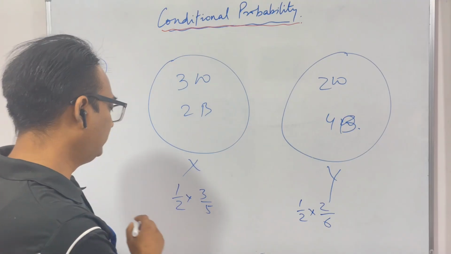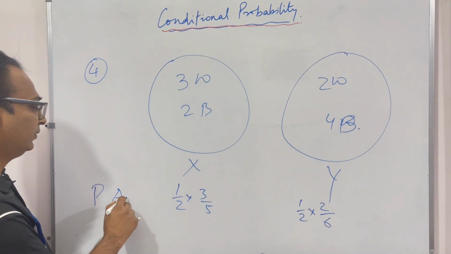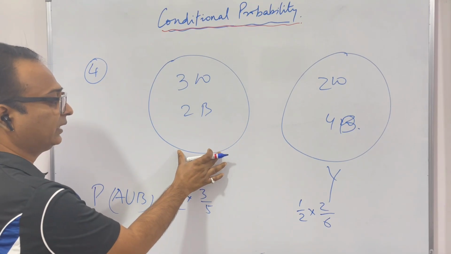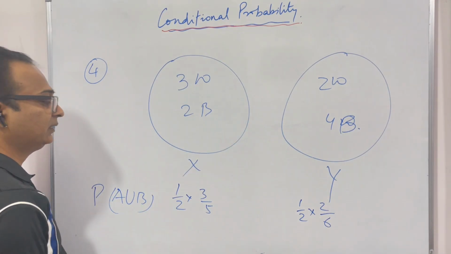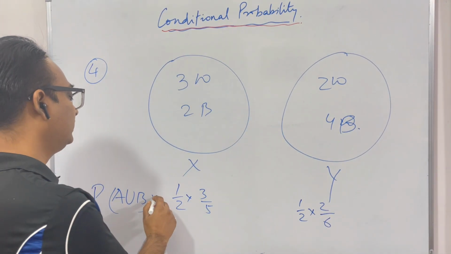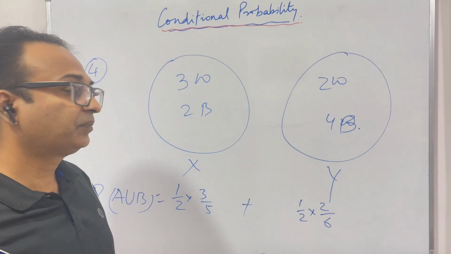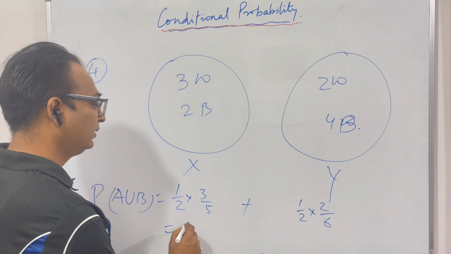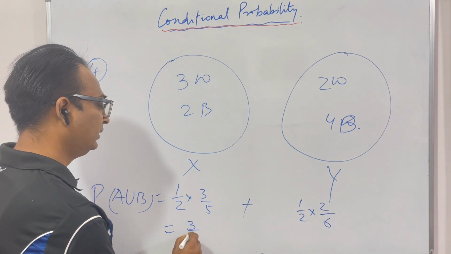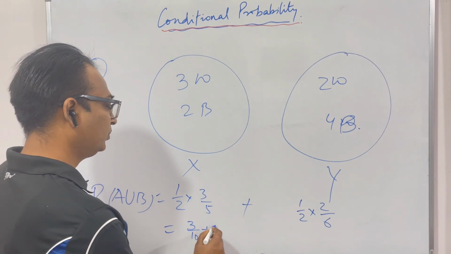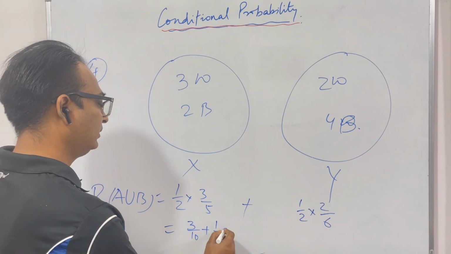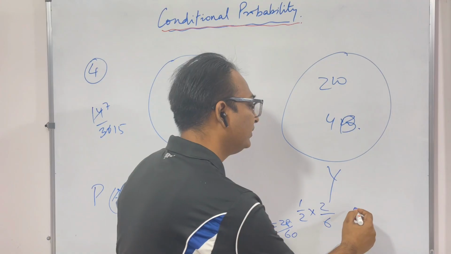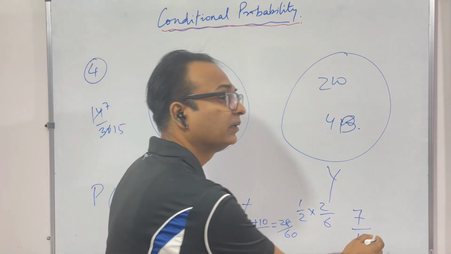So the probability of A union B, if picking this is A and picking that is B, then P(A union B) will be this plus this. This is equal to what? 3 by 10 plus 1 by 6. This we can write as, the probability is 7 by 15.